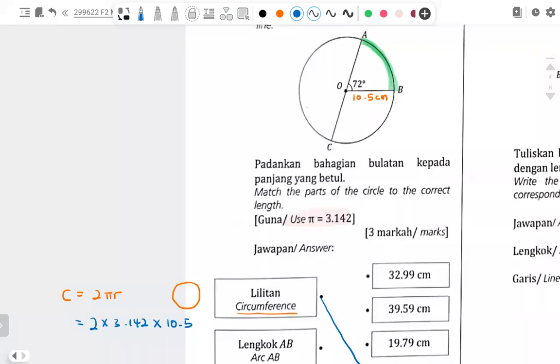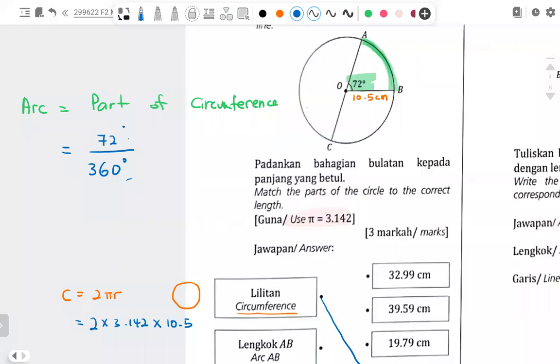Let me write down the definition of arc: arc means part of circumference. So the size here is 72 degrees, and the equation will be 72 over 360 degrees, part of the total.